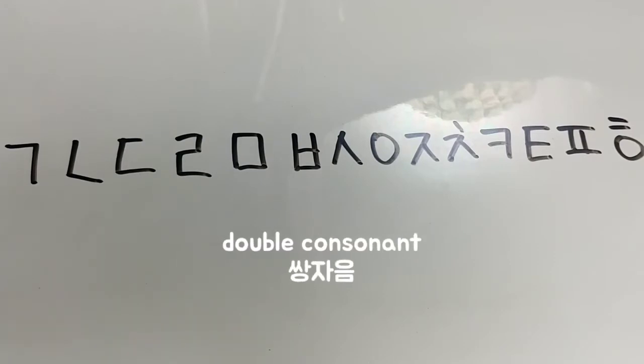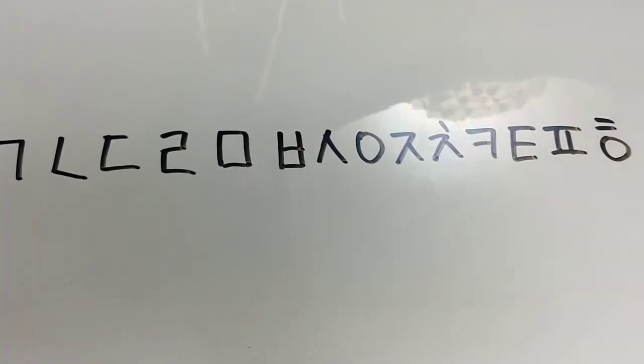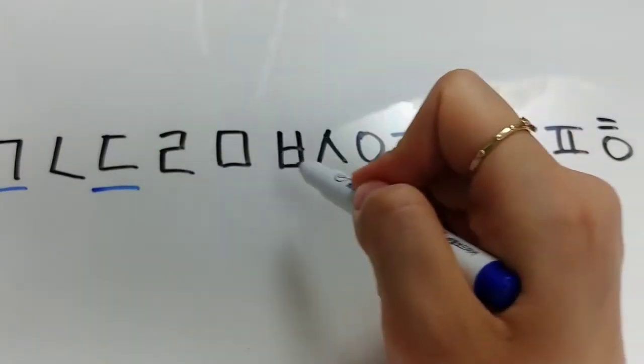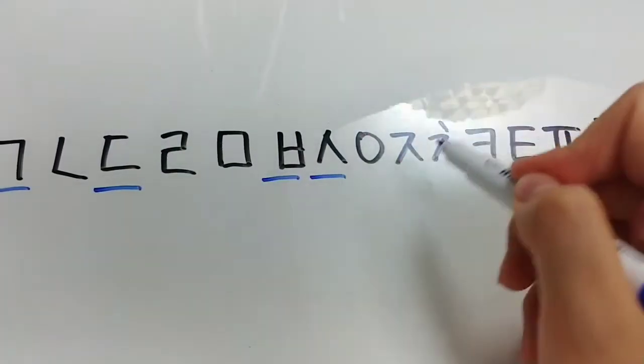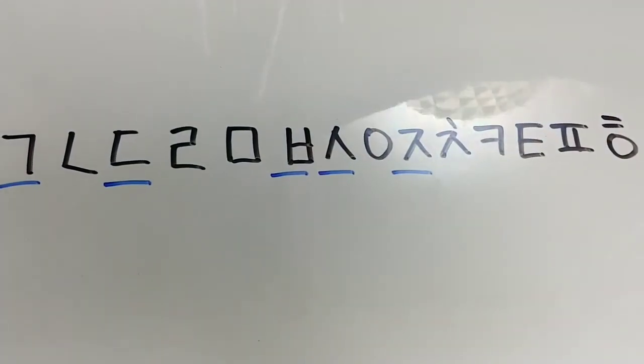In Korean, 쌍자음. 쌍 means double. But luckily, not for every consonant. Just for 기역, 티귿, 피읍, 시옷, 지읒. Only these consonants can be the double consonant.